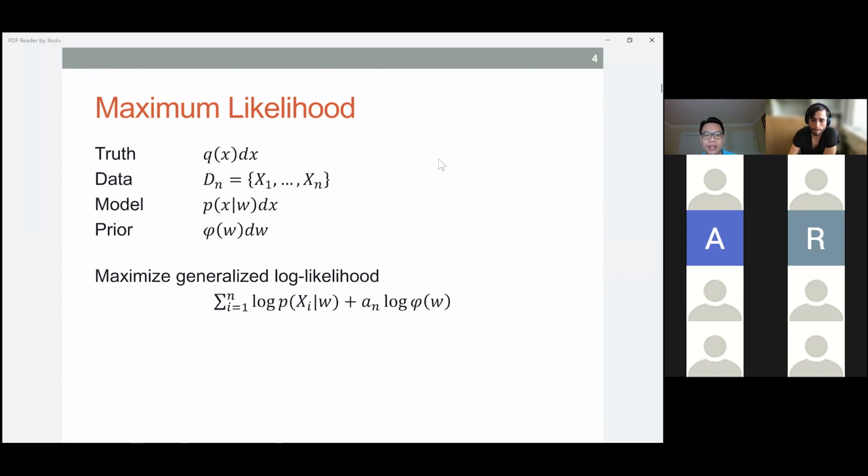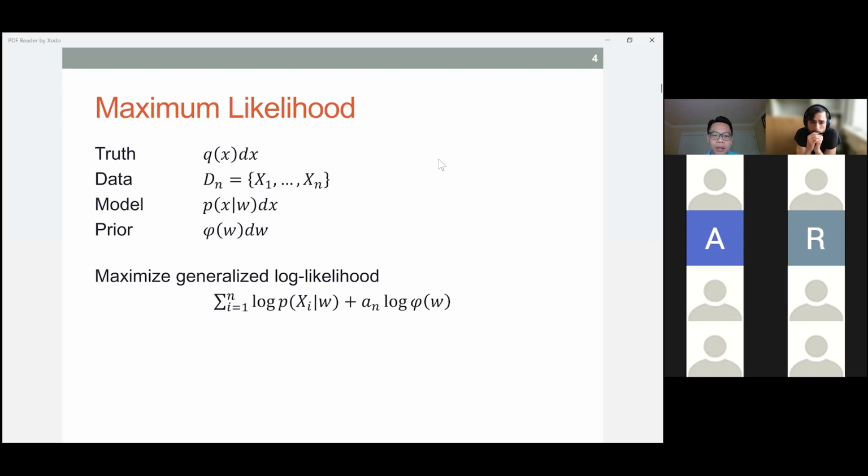We have a true distribution, which I call Q, and we have some data, x1 to xn, and I have a model, which is the distribution of x, p of x given w, where w is the parameter for my model. And I have a prior on the parameter set, which I call phi. The question that many people solve in machine learning is, how do we maximize the generalized log likelihood?